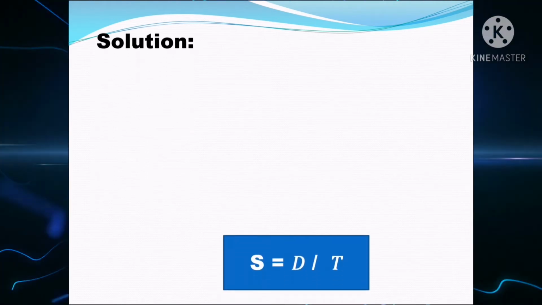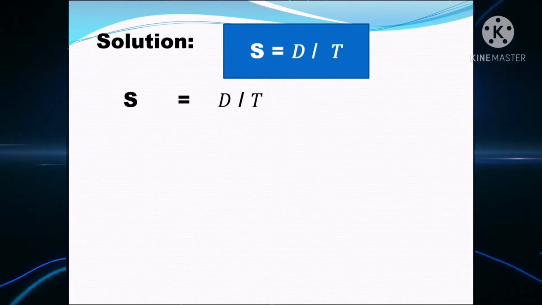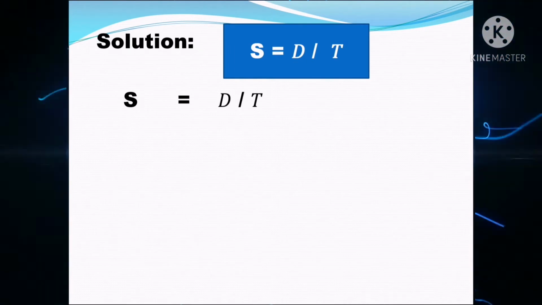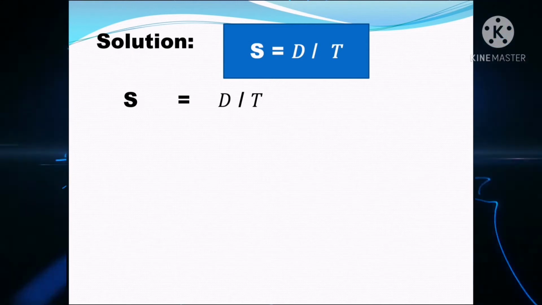Now, let us try to solve this situation using this formula. S, or speed, equals distance over time. Now, we are going to substitute the value for distance and time.